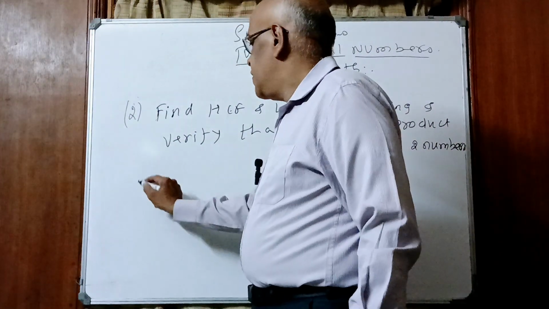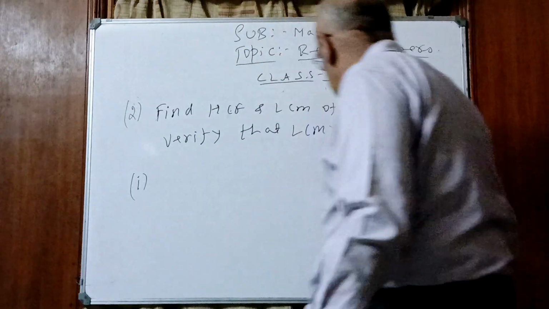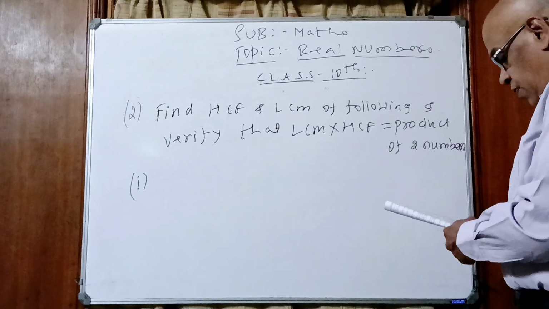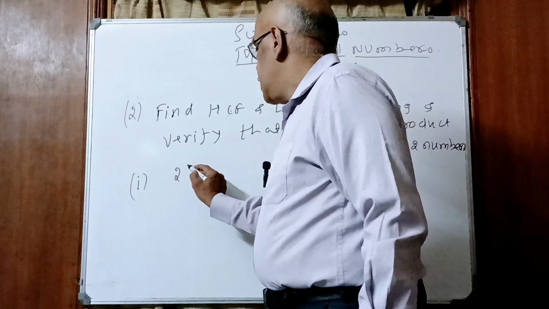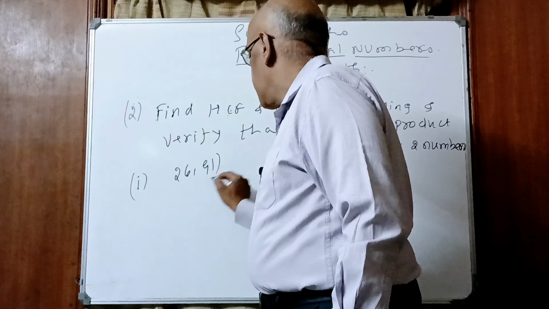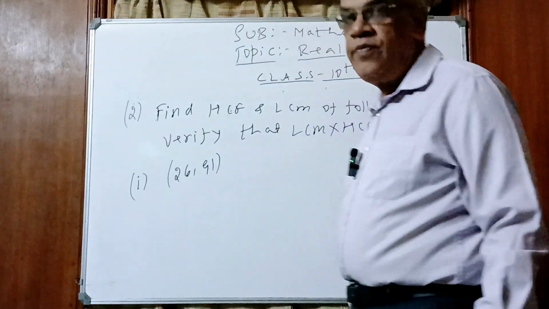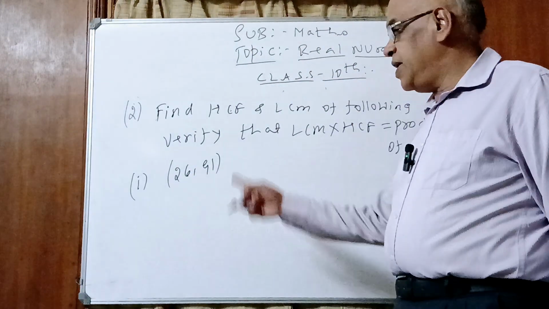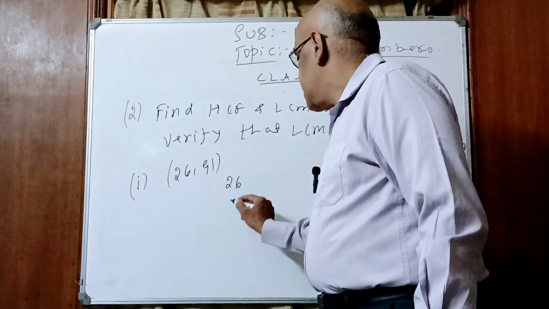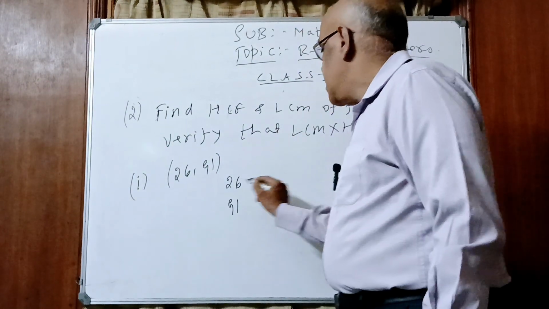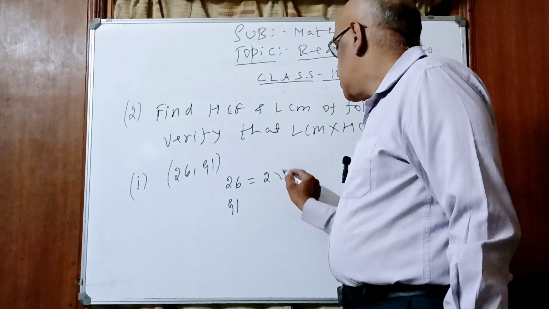In the first part, we will take the pair of numbers he has given: 26 and 91. So, we studied now, children, here we have two numbers. Here A is 26, B is 91. So factorize them first. What are the factors of 26? 2 and 13.